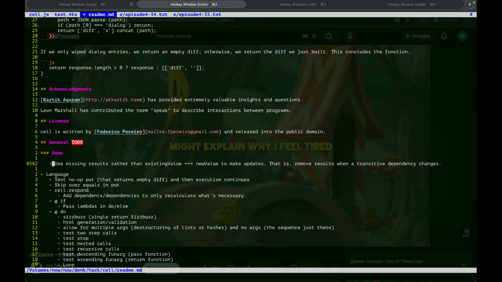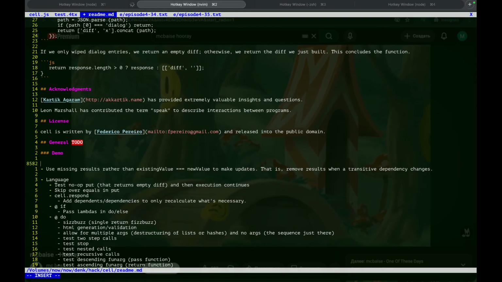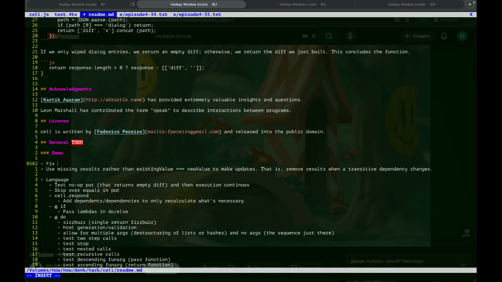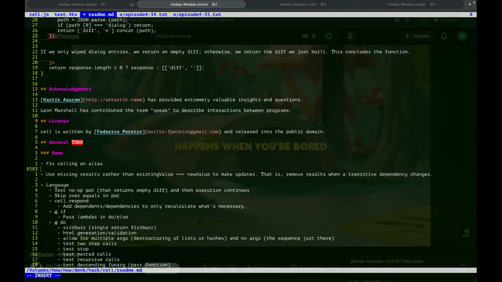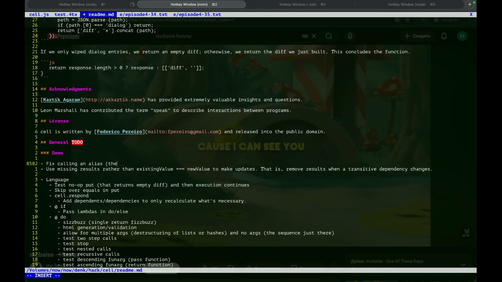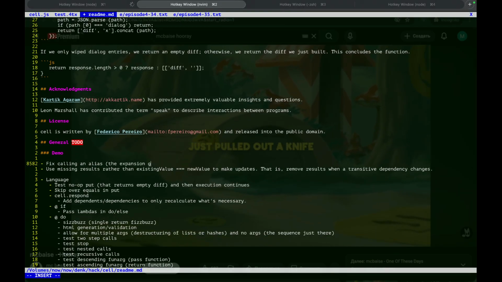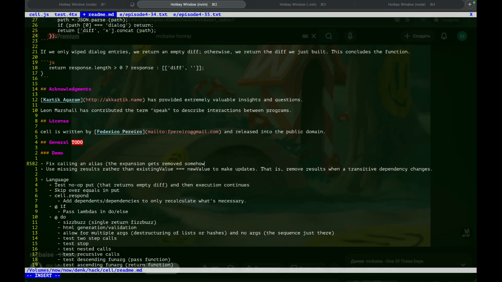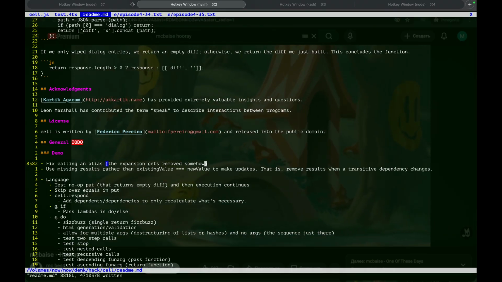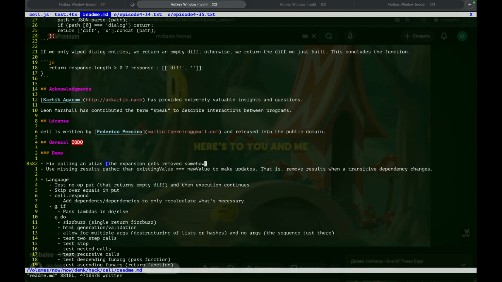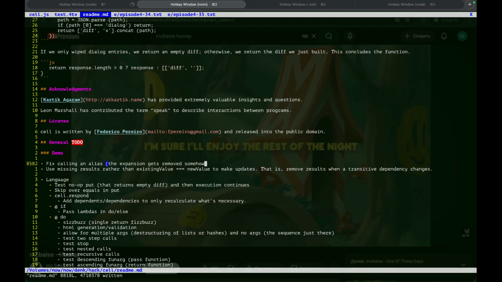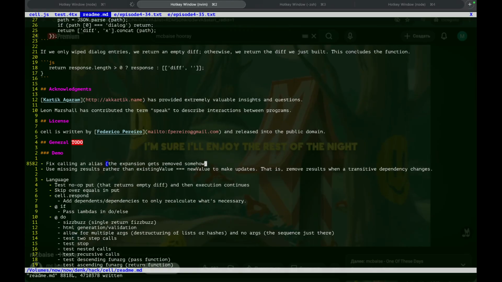Now let's do this. Calling an alias. The expansion gets removed somehow. I'm going to do some thinking on this, although we got much better at this, basically writing the expansions in for data and looking at them.